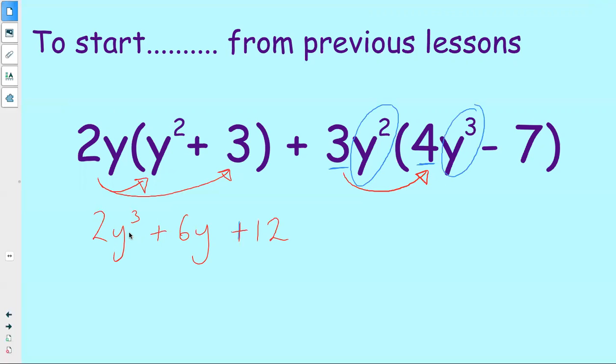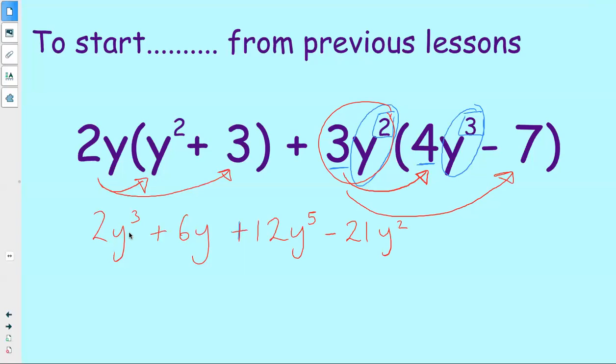You should know the rule that you add your powers here, so it becomes y to the power of 5. Okay, and then again, 3y squared is now multiplying your negative 7, so that becomes negative 21y squared.